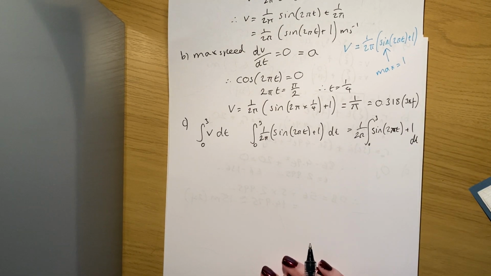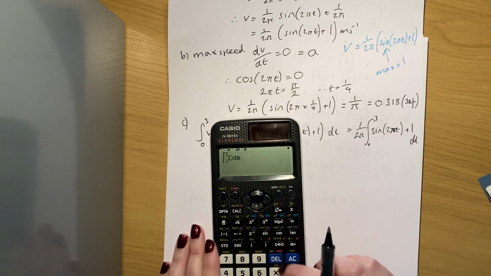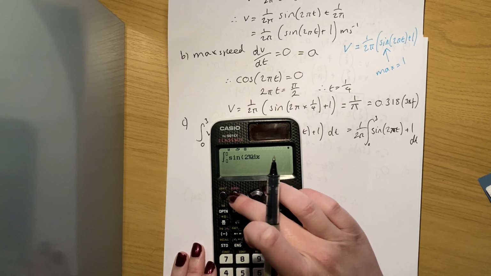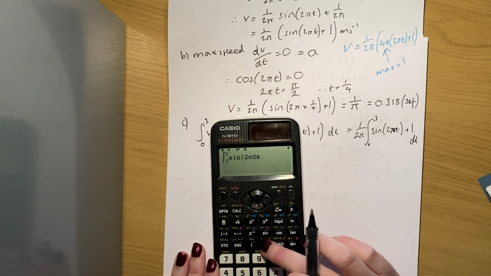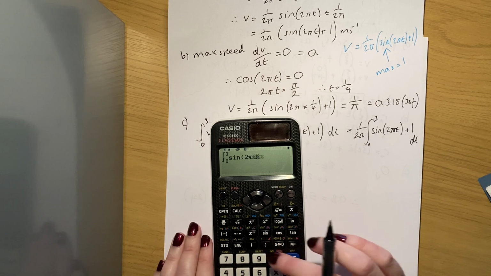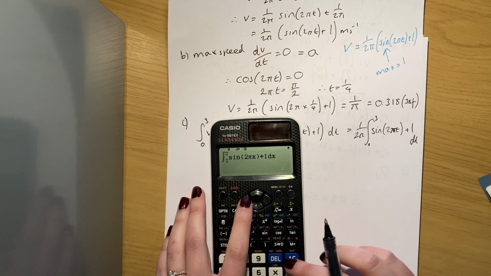It says find it, so just type this into your calculator. Integral button, sine of 2 pi x. Oh dear, I didn't do the 2 pi button right. 2 pi x. Why is that not working? There we go. Brackets plus 1.